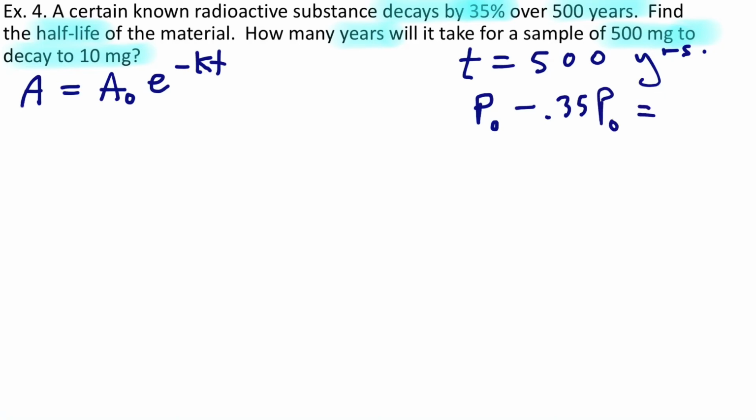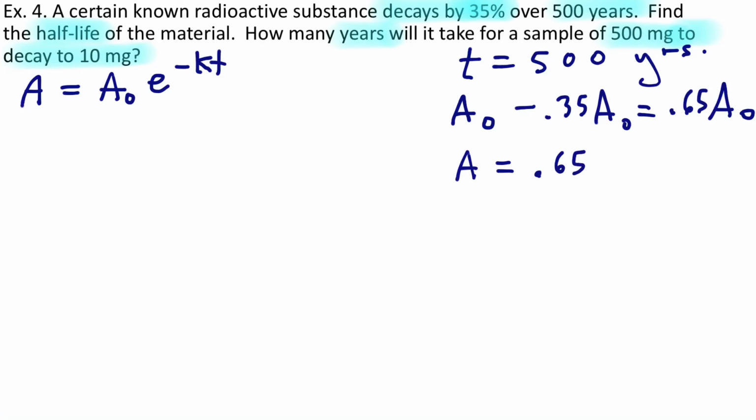So you're left with 65% of your initial amount. Let me just go ahead and make those A's. I've got two variables going on here. All right, so you can think about it this way. If I start out at A0, in 500 years, I get an A that's 65% of A0.